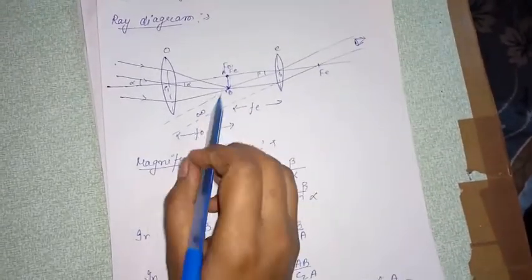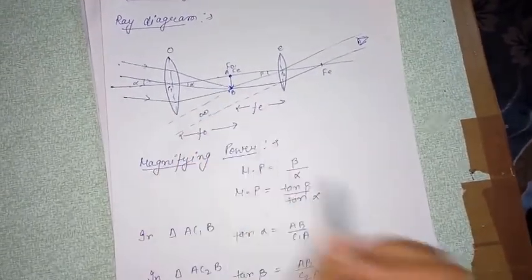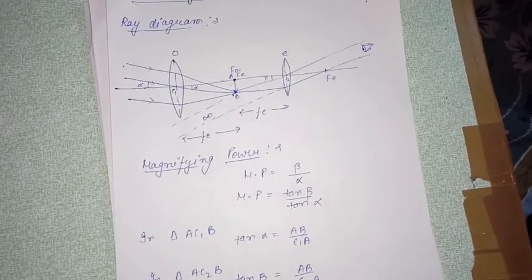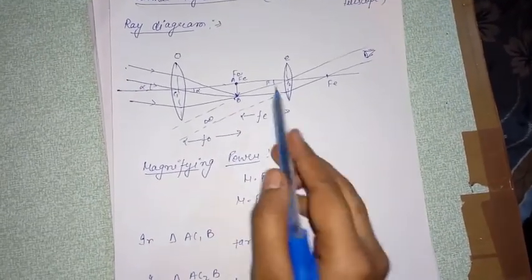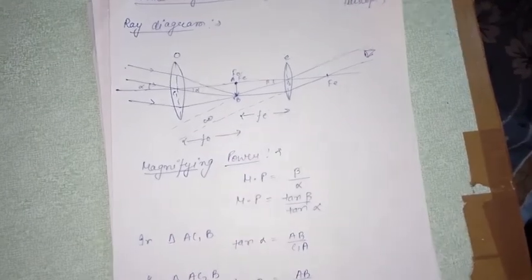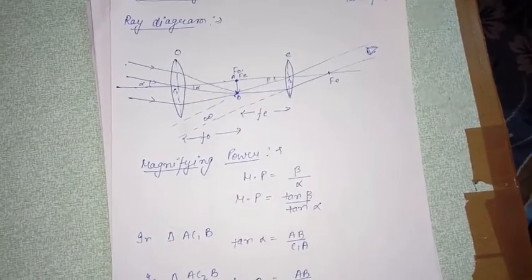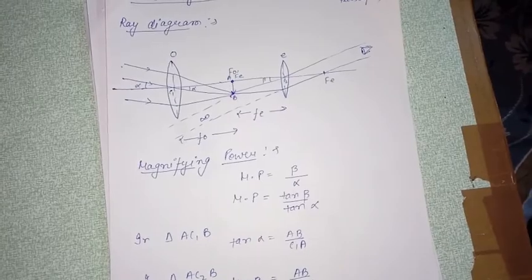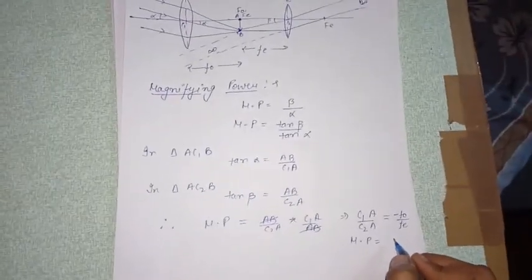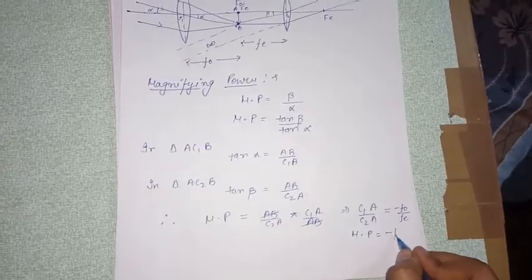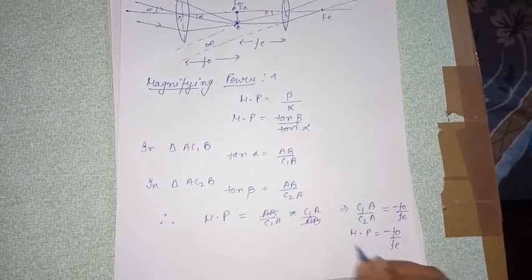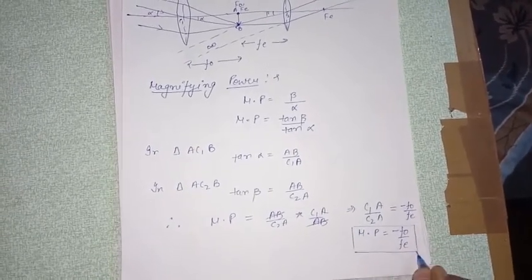What is C1A? That is minus F0. And what is C2A? That is Fe. So magnifying power is minus F0 upon Fe.